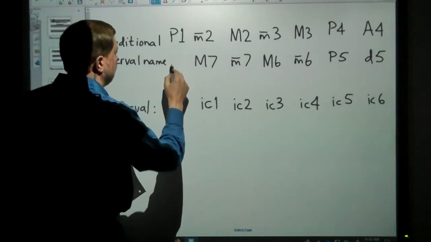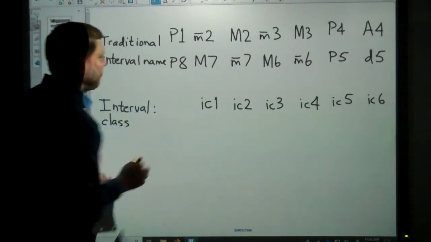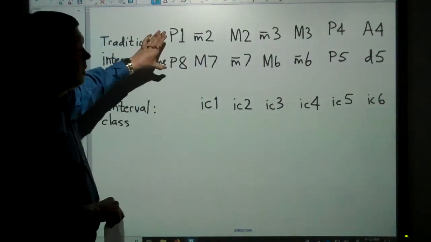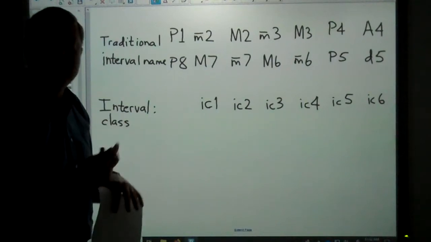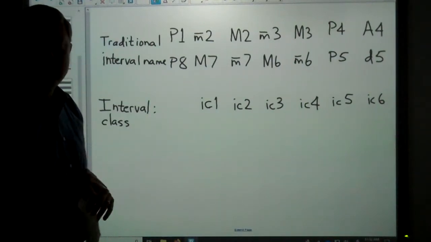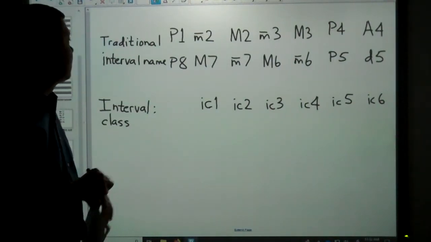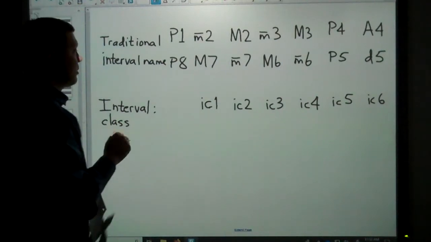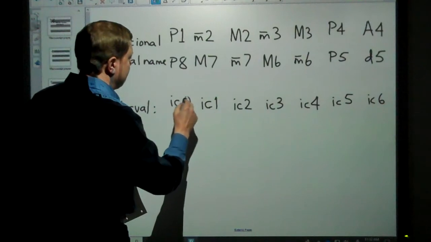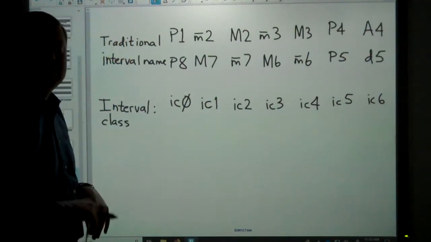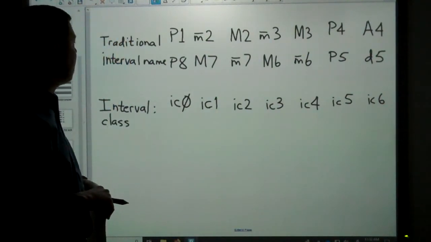The shortest distance of these two, the unison or the octave, is going to be the unison. And of course there are no half steps in a unison. There's no space at all between two notes that are in a perfect unison. So this interval class is represented as IC0, or interval class 0.